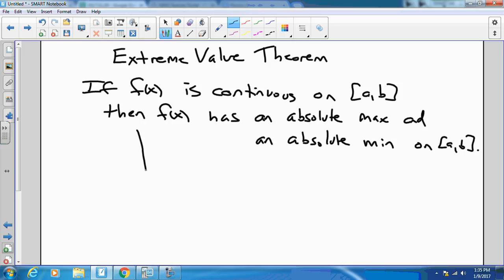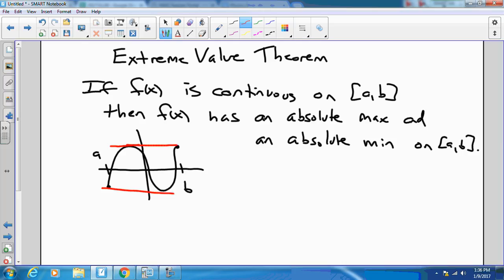Now, in Calc 2, we actually proved this theorem, but here I just want to appeal to your intuition that if I start at x equals a, and I draw any continuous curve whatsoever out to x equals b, then because my curve is continuous, it must achieve its least upper bound here, and it must achieve its greatest lower bound right there. So that it has to have at least one, maybe more than one, point where it achieves its absolute max and its absolute min.